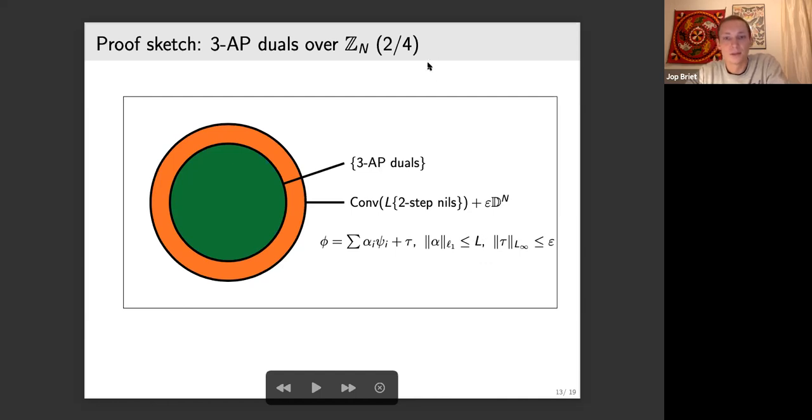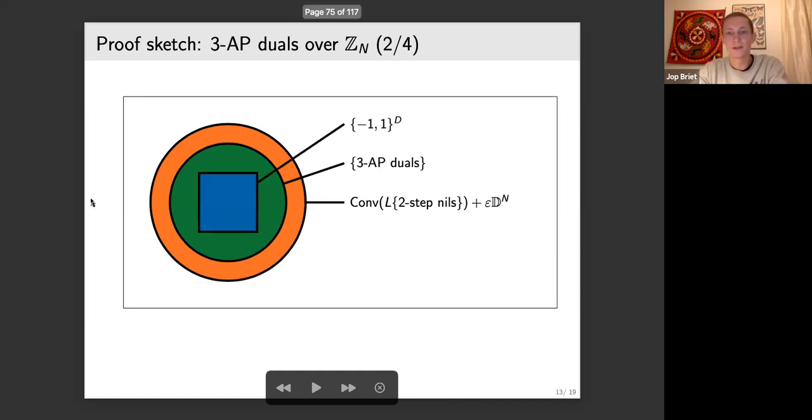So another way to phrase this assumption is that the set of 3AP duals lies in the convex hull of an L scaling of the two-step nil sequences, that's this first term here, plus an epsilon scaling of the complex hypercube. So this is the assumption we're starting with.